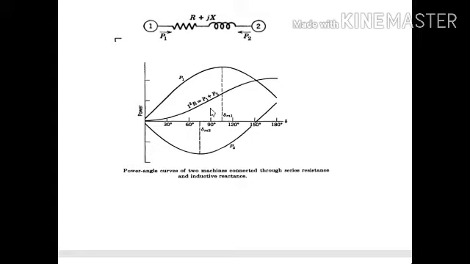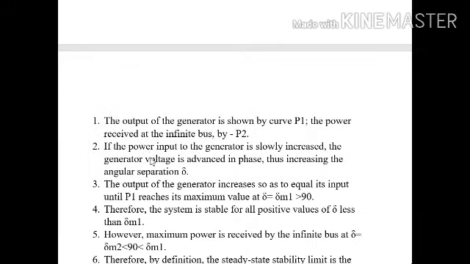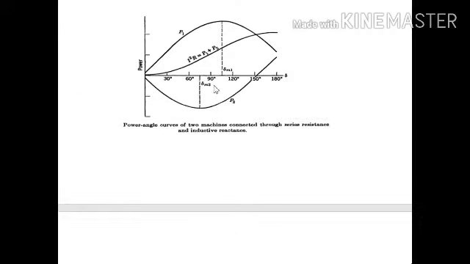You are familiar with this nature of power angle curve, right? The output of the generator is shown by curve P1 and the power received at the infinite bus by minus P2. This is P1 and this is minus P2 for the generator, and this is for the motor, but here it is the case of an infinite bus.